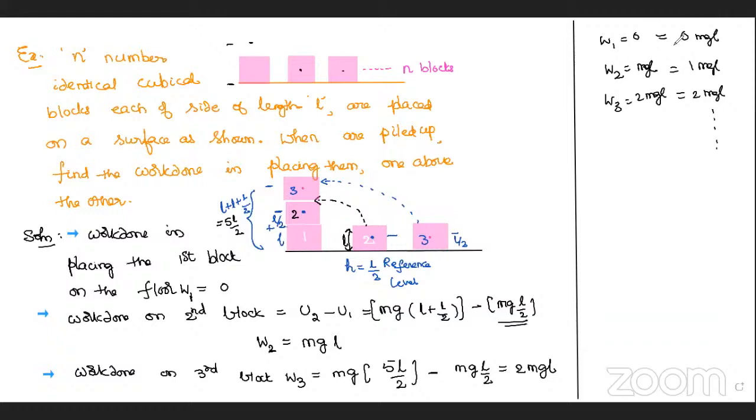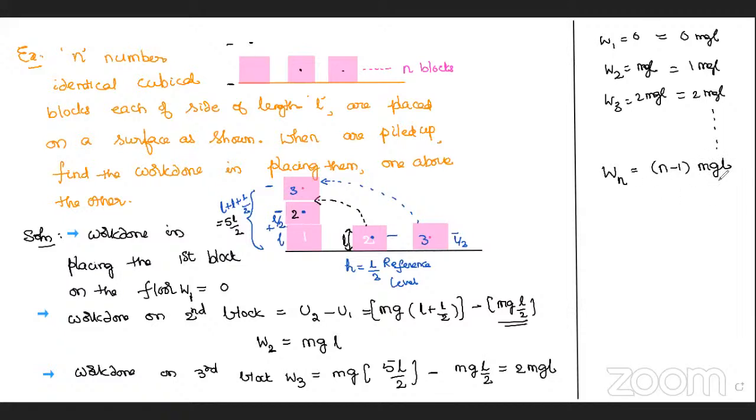W1 means I got 0, W2 means I got 1, W3 means I got 2. Likewise, the work done on the nth block, the last block, is equal to n minus 1 into mgL.